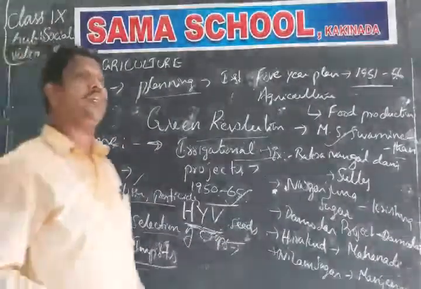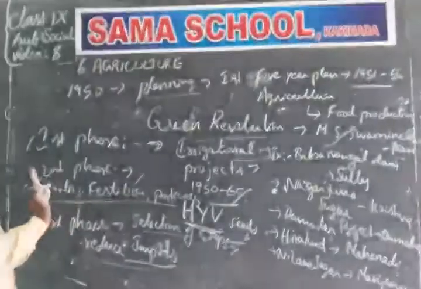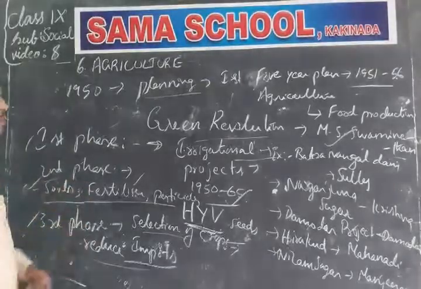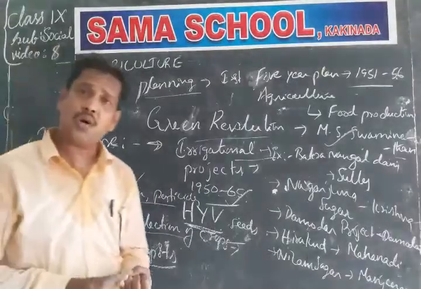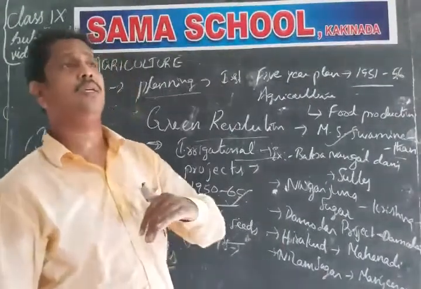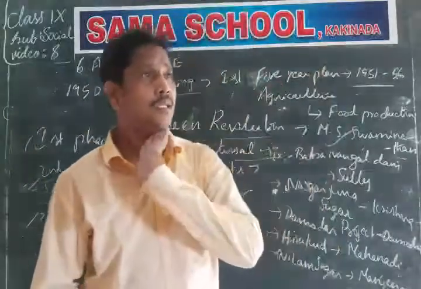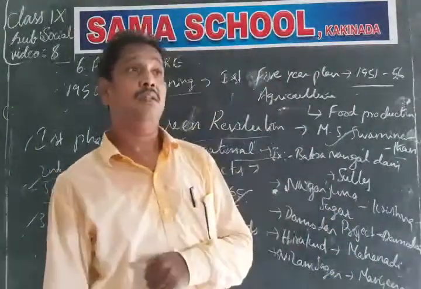But the bad results were that the environment was spoiled because of the use of more pesticides and fertilizers. The soil, air, water, everything was spoiled. We should educate the farmers, because of the lack of knowledge, lack of education, and innocence.